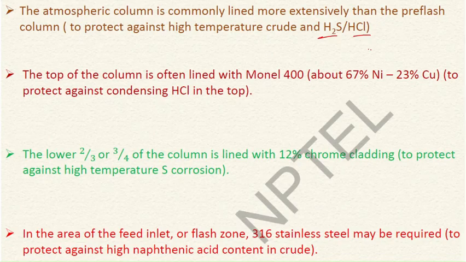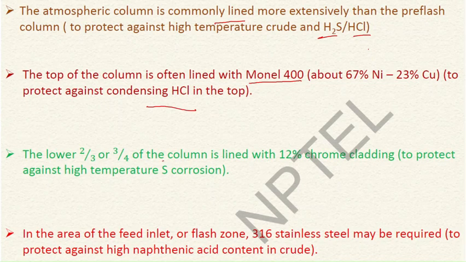So to prevent all this corrosion, sometimes the lining of the atmospheric column is done. The top of the column is often lined with Monel metal to prevent this HCl corrosion.